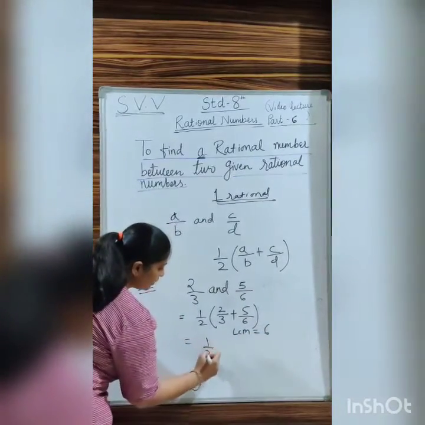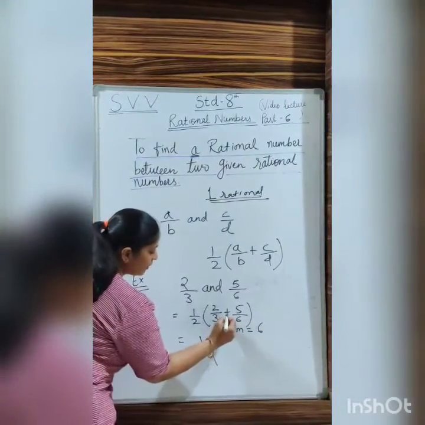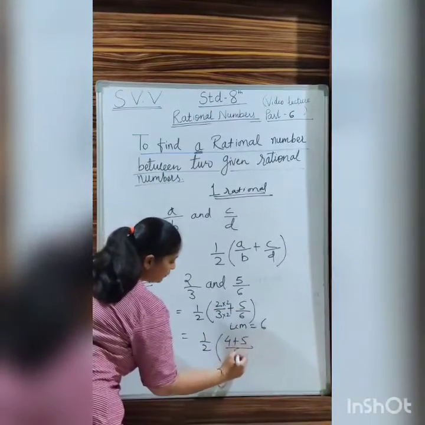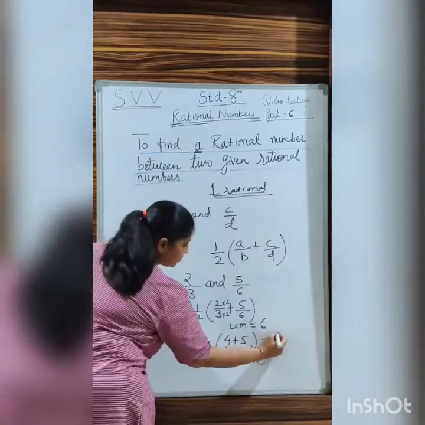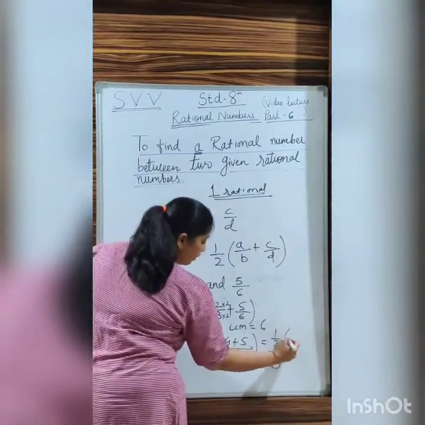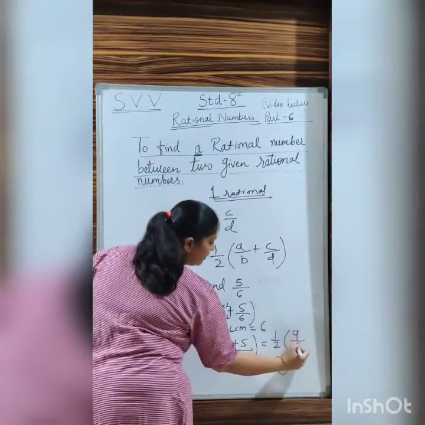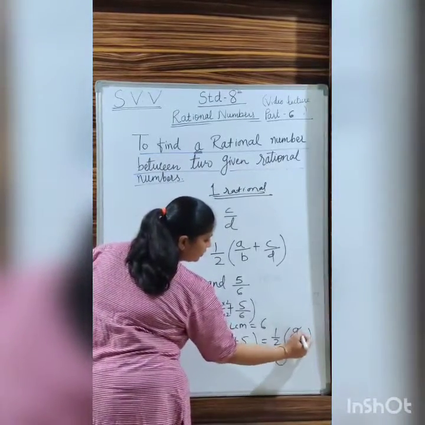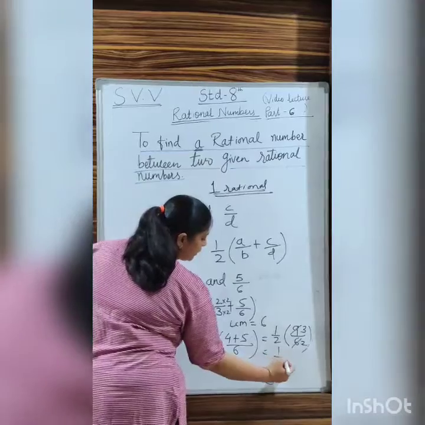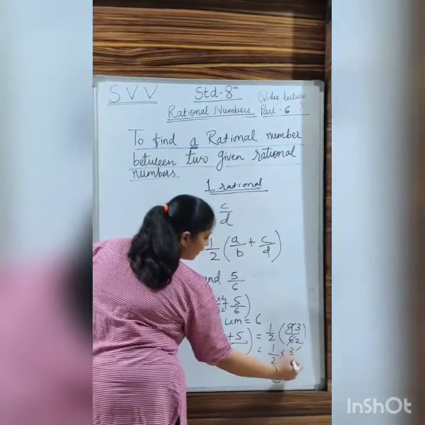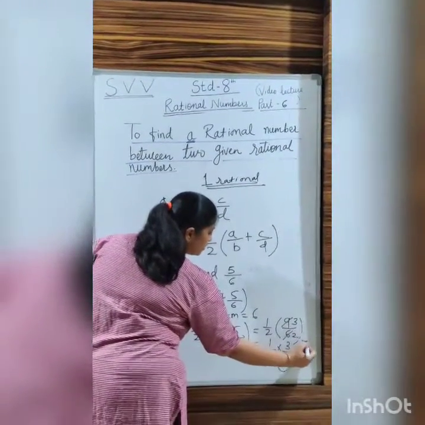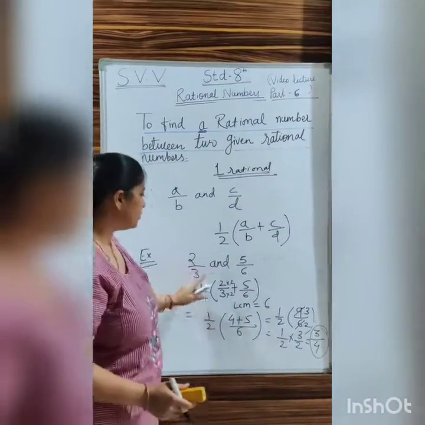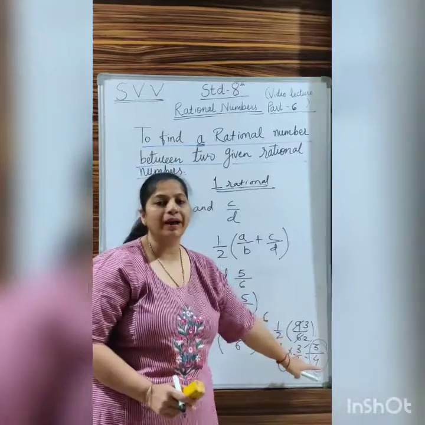It is equal to 1 by 2 times (4 plus 5) upon 6, which is 1 by 2 times 9 by 6, which is divisible by 3: 3 twos are 6, 3 threes are 9. 1 by 2 multiplied by 3 by 2 equals 3 by 4. So a rational number between 2 by 3 and 5 by 6 is 3 by 4.